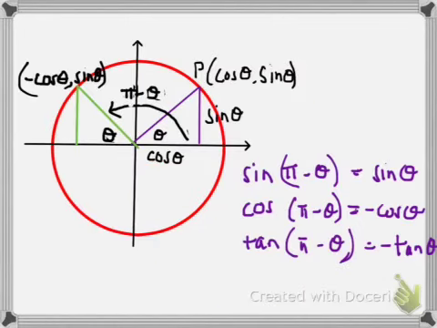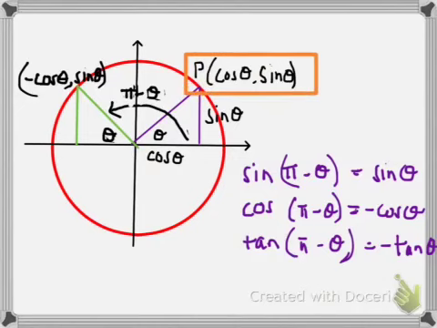Let's start by looking at the second quadrant. What I've drawn here is our unit circle that we visited when we started our unit on circular functions, our trig unit. And remember we defined the point P there as cosine theta, sine theta.